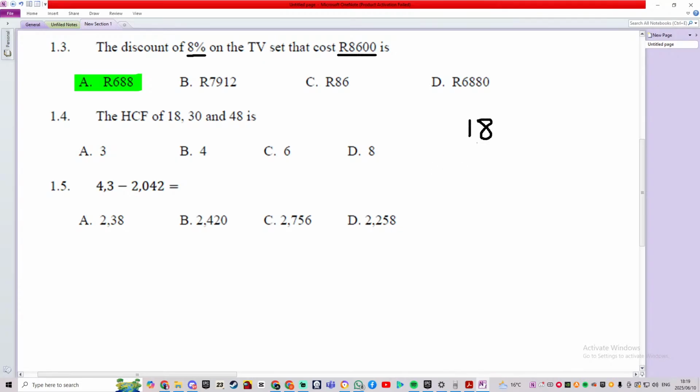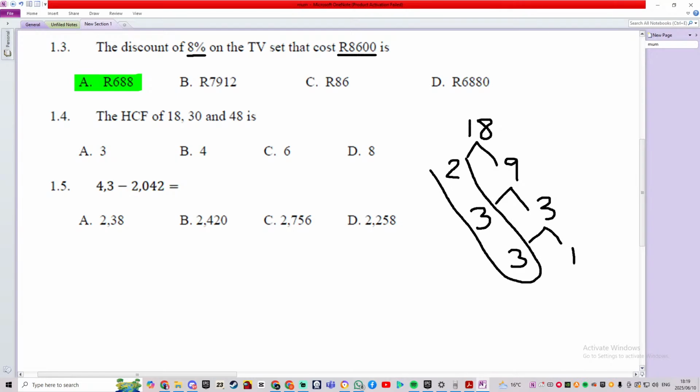I can divide 18 by 2, I'm left with 9. I can divide 9 by 3, and I'm left with 3, and then 3 can divide into 3, and I'm left with 1. So these are my factors of 18. I can say 18 is equal to 2 times 3 times 3.